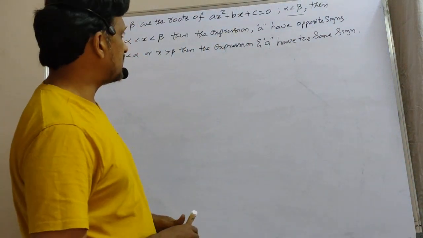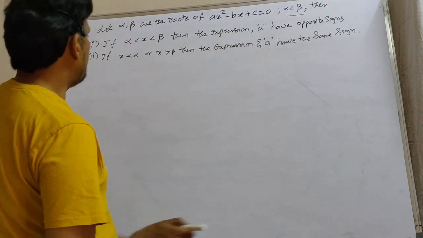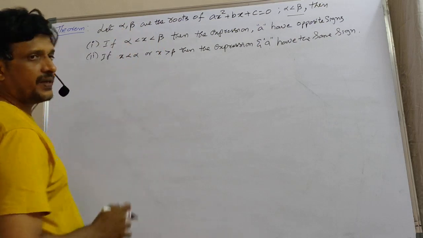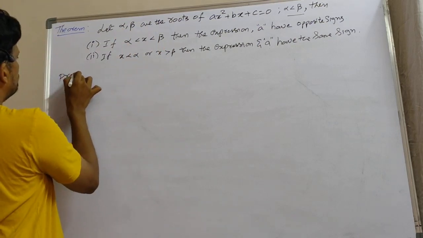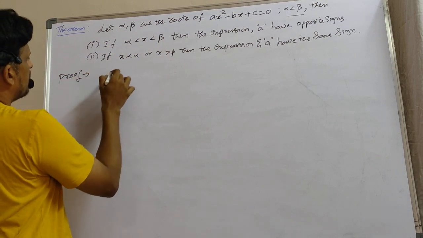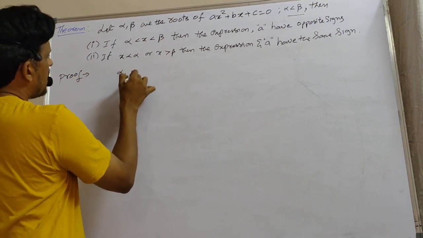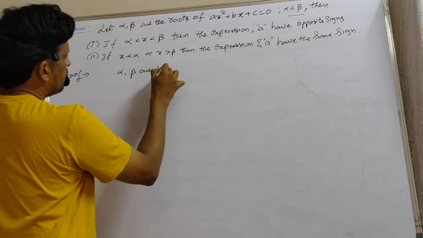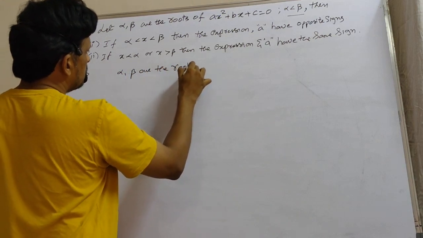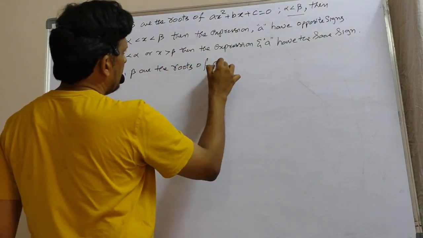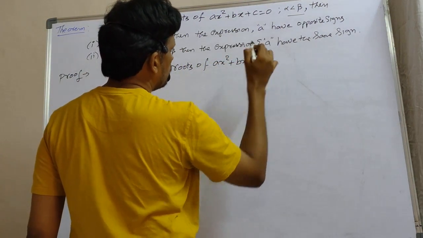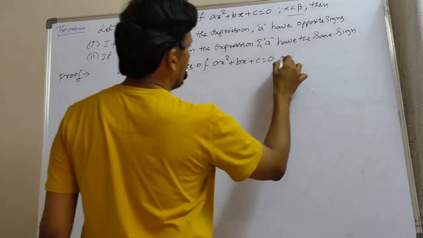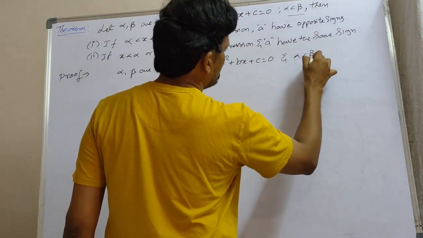So here the first one is to prove the first case, when x lies in between alpha and beta. And now this is the proof here. Alpha, beta are the roots of ax square plus bx plus c is equal to 0, and it is also given that alpha is less than beta.